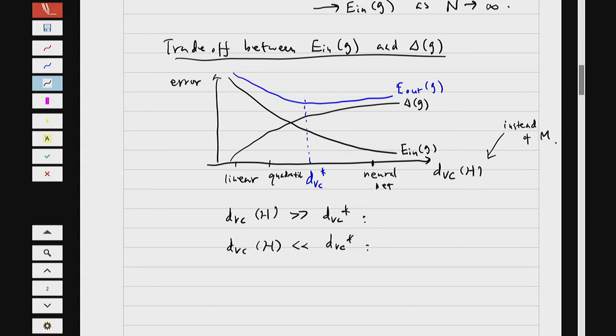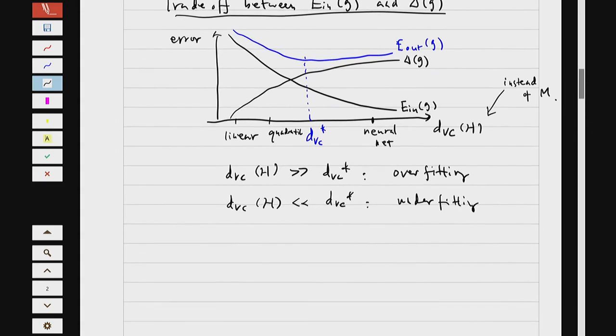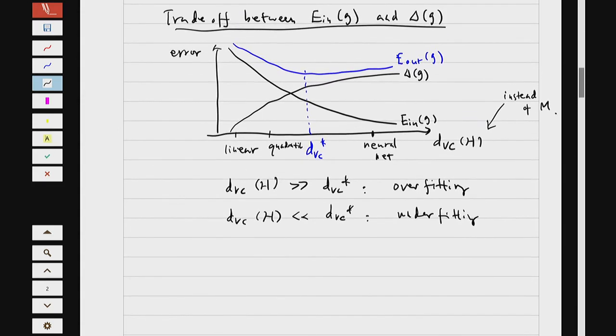Overfitting, exactly. The right-hand side will be overfitting, and the left-hand side will be underfitting. Neither is desirable. So you have to choose the right model complexity for the task at hand, so that your test error, E out, is minimized. That's the objective of learning, to minimize the test error. So the question is, what is the right model to choose? Should I choose a linear model, a quadratic model, or a neural network, or whatever? How do we know?